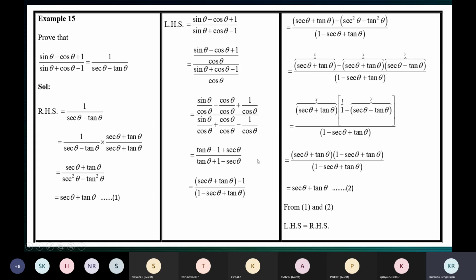Don't disturb the denominator. What you can see here in the next step is I've just rearranged the terms in the denominator. That also, if you don't want, don't do. There's no specific order, like I just wrote 1 minus secant theta plus tan theta, that's all. You can also have the denominator as it is.